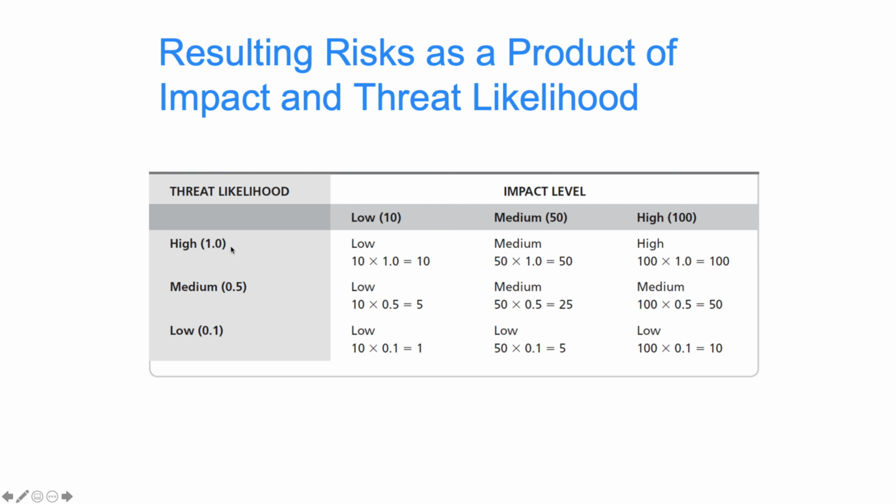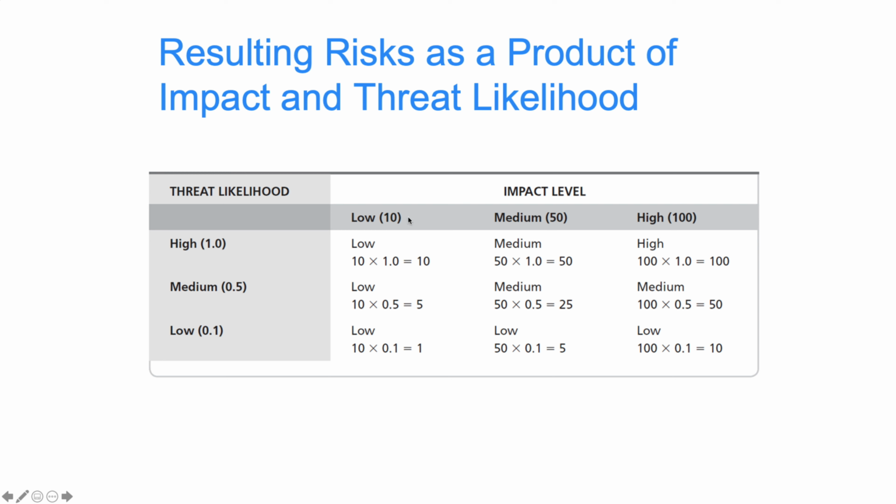So you could say it's really likely, it might happen, or it's unlikely to happen. And then we're going to take the impact of it happening. How's it going to affect your business? How's it going to impact your operations? And then we're going to have a metric for that.